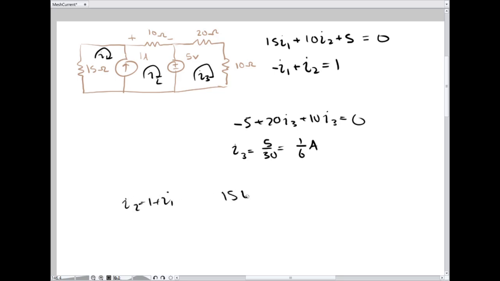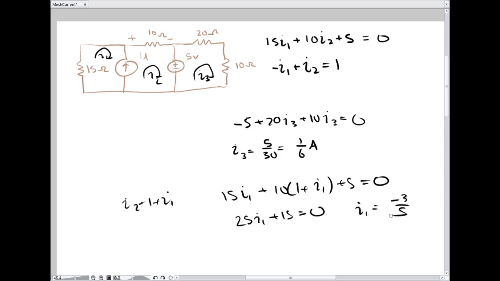So 15 I1 plus 10 times 1 plus I1 plus 5 equals 0. So 25 I1 plus 15 equals 0. So I1 is equal to minus 3/5. And then I2 is equal to 2/5.